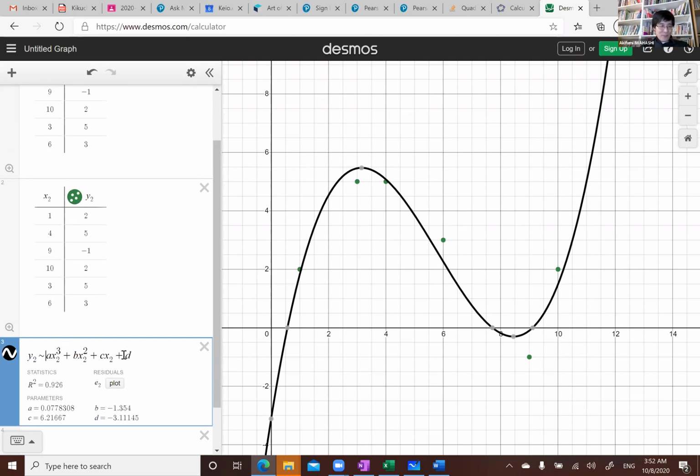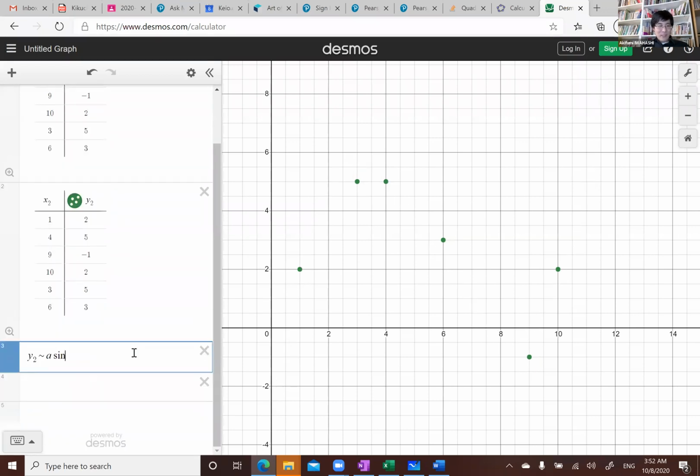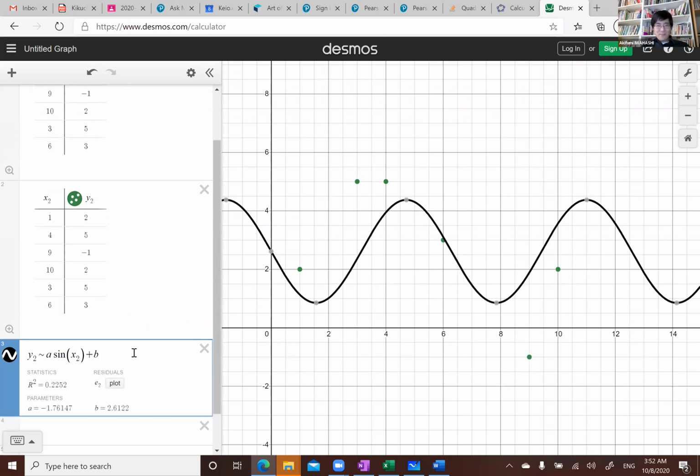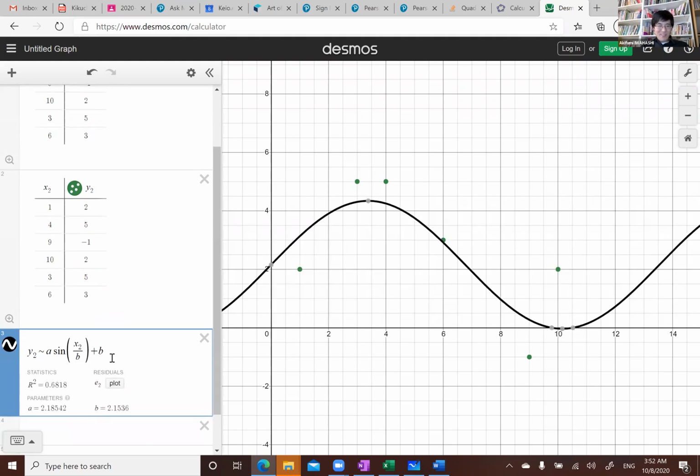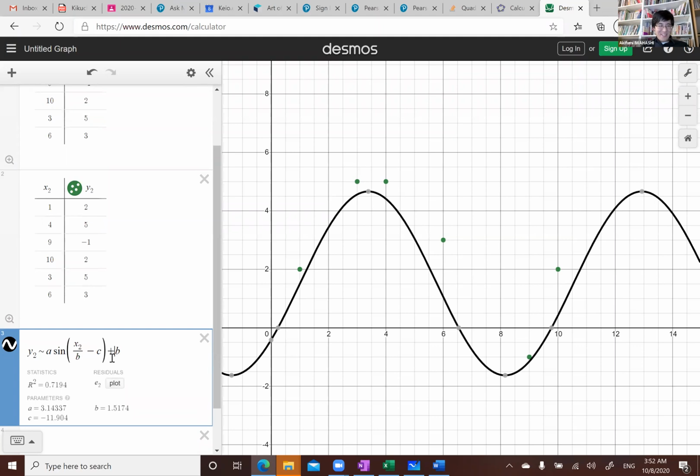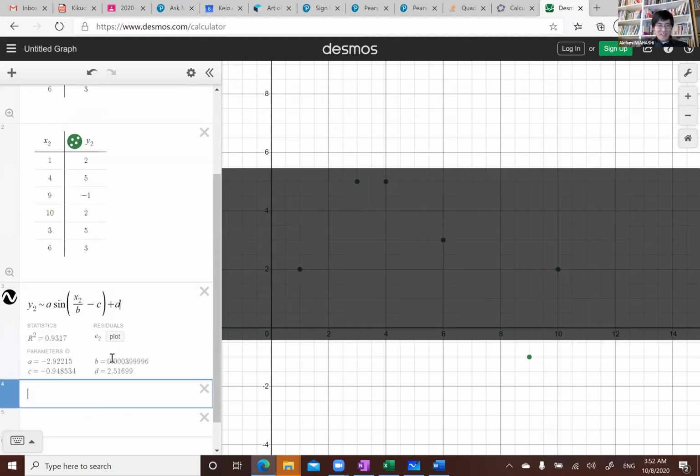I can have a different kind of model. Maybe I can model this using a sine function, like this. So this is going to be the best sine curve representing the data points. Like I can make it x2 divided by c, b, plus d.